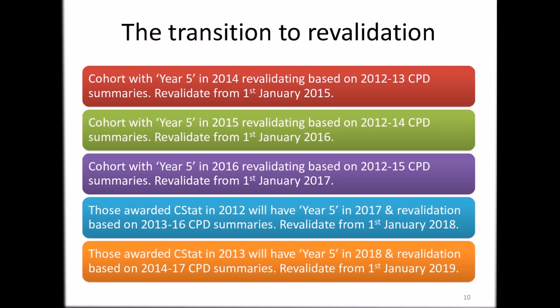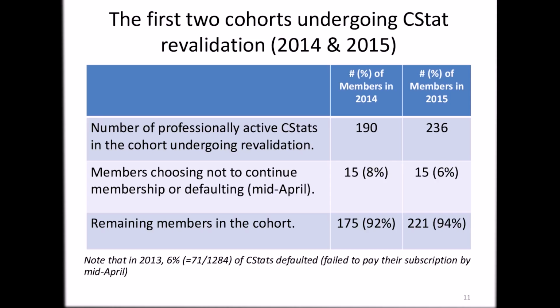They'll join the second and third cohorts. Now we will move on to a series of slides reporting the outcome of the revalidation in the first 2 years, just to give you a feel of how the processes run to date.